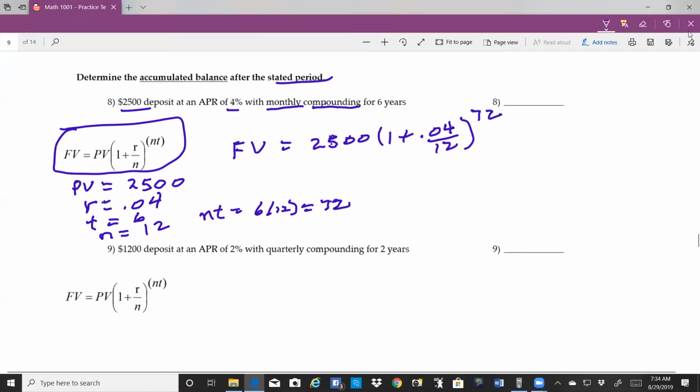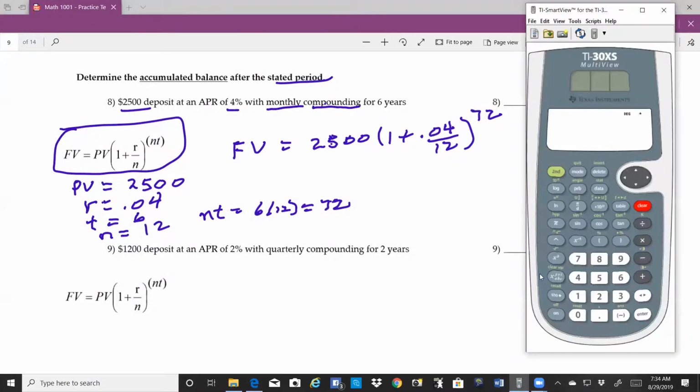And I'm going to put this in the calculator. I may let you put some of this in the calculator yourself. Depending on the calculator you have, you can do it different ways, but you need to do that calculation there.